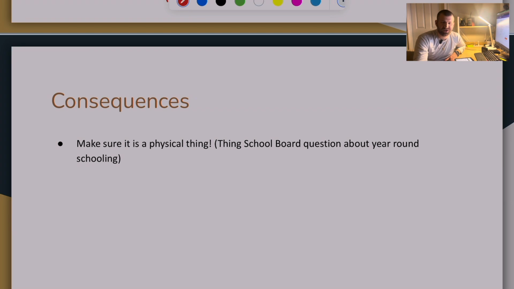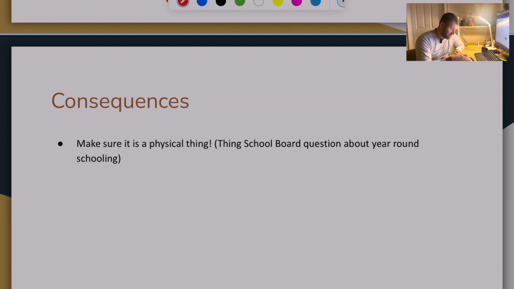We did a question a long time ago about non-response bias in a school board survey and how 76 out of 98 people responded yes to year-round schooling. And what would a consequence be? A lot of people said, oh, well, the school board would have inaccurate data. That's not a consequence. A consequence in that case is the school board will implement year-round schooling when it's possible that the majority of people don't support it.